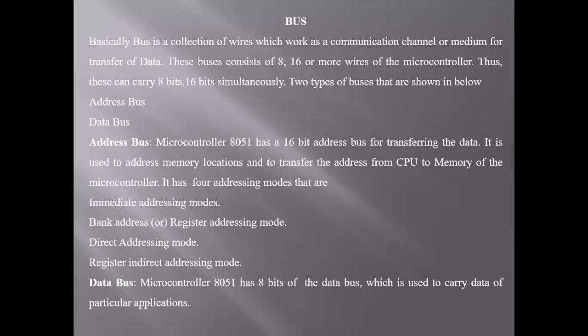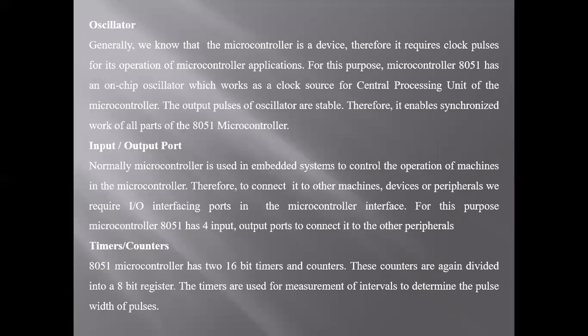It has four addressing modes that are immediate addressing mode, bank address or register addressing mode, direct addressing mode, and register indirect addressing mode. The data bus. The data bus of microcontroller 8051 has 8 bits, which is used to carry data of a particular application. What is the oscillator? Generally, we know that the microcontroller is a clocked device.